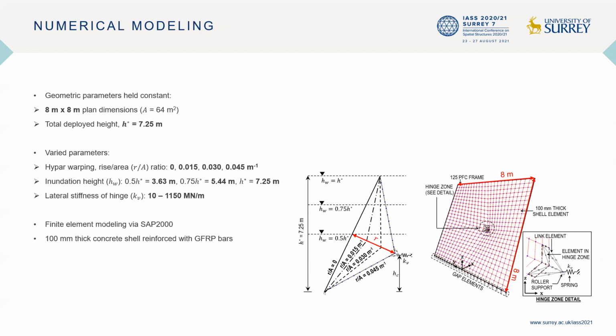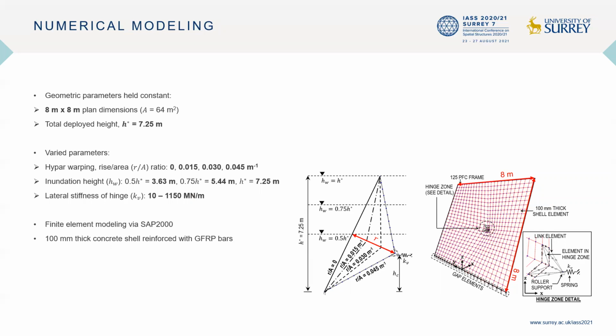The parameters we are varying consist of the level of hypar warping, or the R/A ratio, with R being the rise and A the plan area. Also, the water inundation height, from half of the deployed height to the entire deployed height. And finally, the lateral stiffness of the supporting column, which we will call the lateral hinge stiffness.